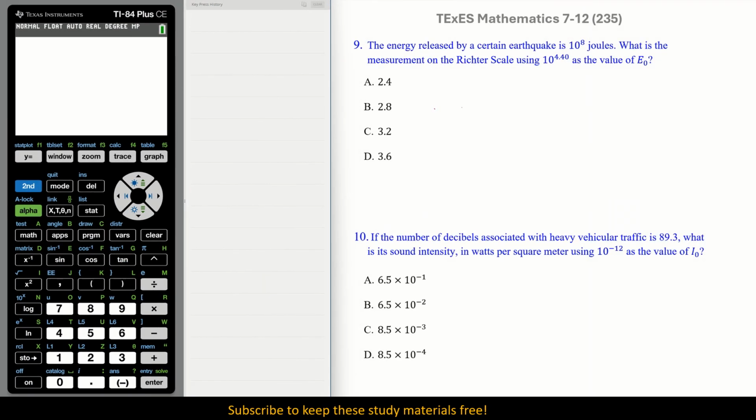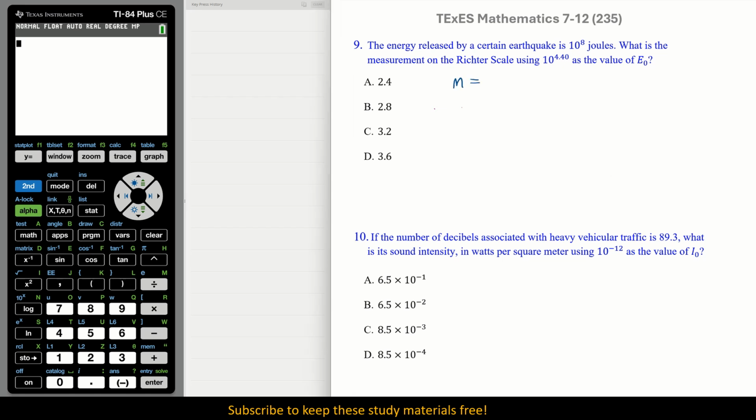Number 9, the energy released by a certain earthquake is 10 to the 8 joules. What is the measurement on the Richter scale using 10 to the 4.4 as the value of E naught? Okay, if you remember that equation, we needed magnitude.